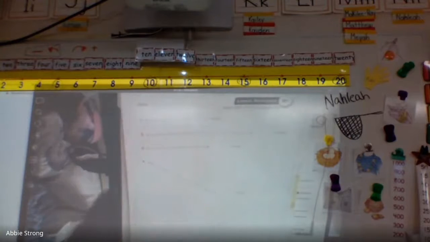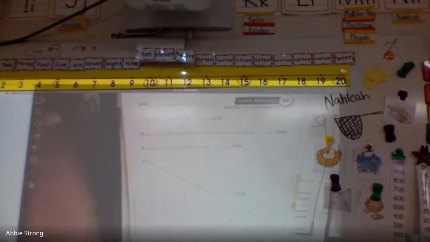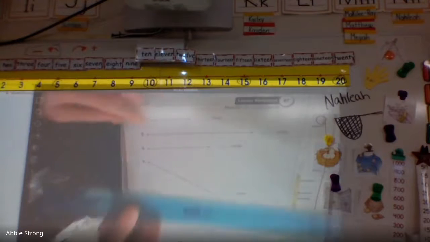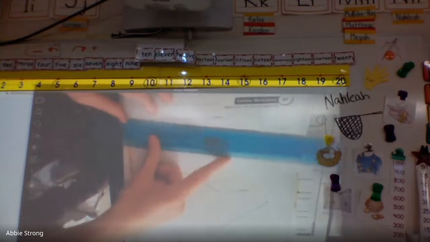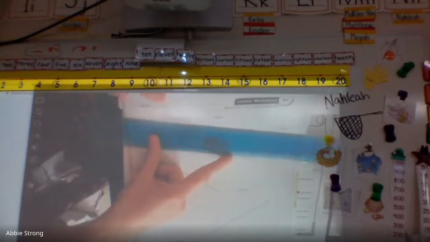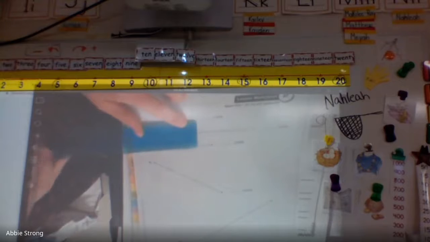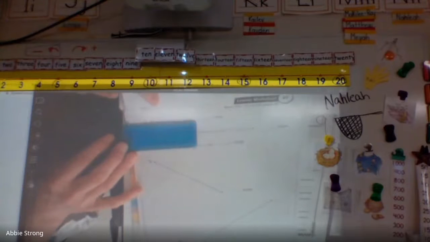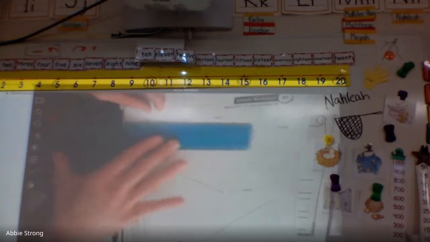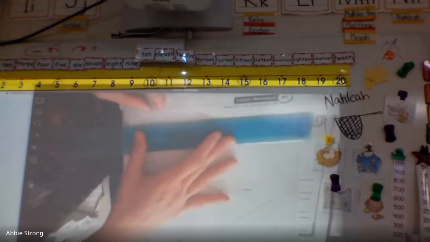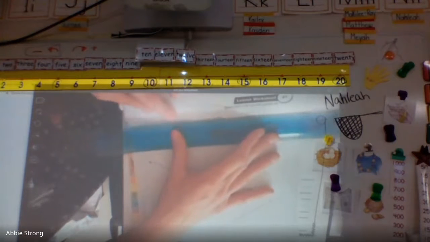Alright. Now, here is number 1. When I measure this line, I can't put my ruler down any way that I want. I can't start at the 12, if you see that down here, that number on my ruler. And you can't start it at a 9 or a 7 or in the middle between 2 numbers.